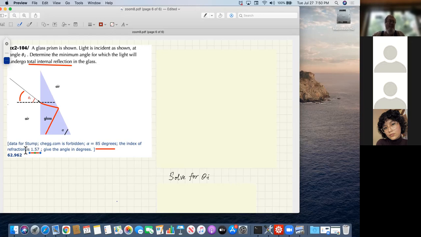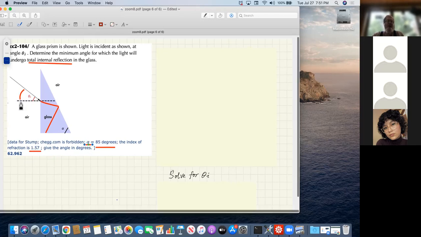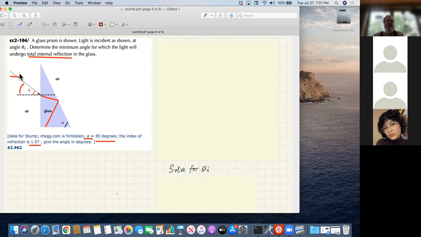It's usually somewhere between 1.5 and 1.7. It depends on what exactly is the material composition of the glass. But you're given the index of refraction and alpha, the angle of this prism. And what you're trying to calculate is the angle, this angle, for total internal reflection at this point.